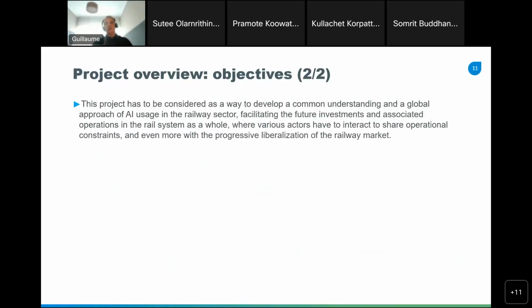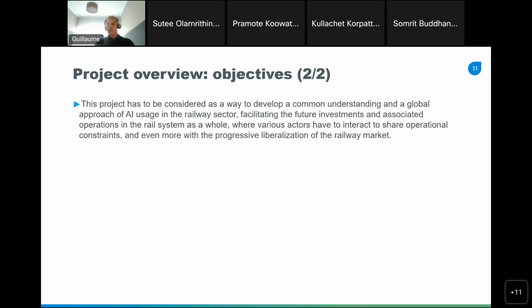So the second part of the objective: the project is considered by all our members as a way to develop a common understanding and a global approach of AI usage in the railway sector. Predictive maintenance is one area, but it should also drive the common understanding on other areas in the railway sector.